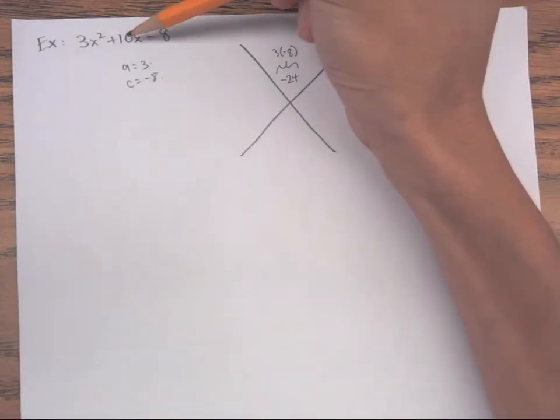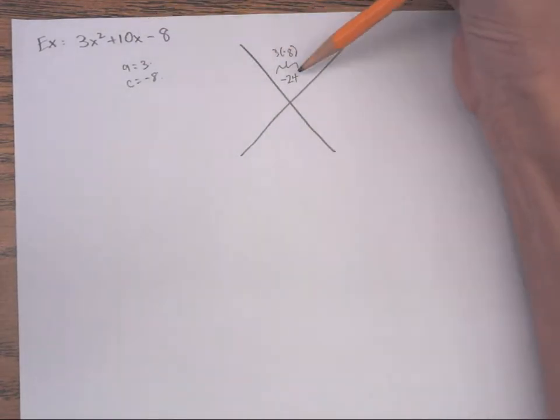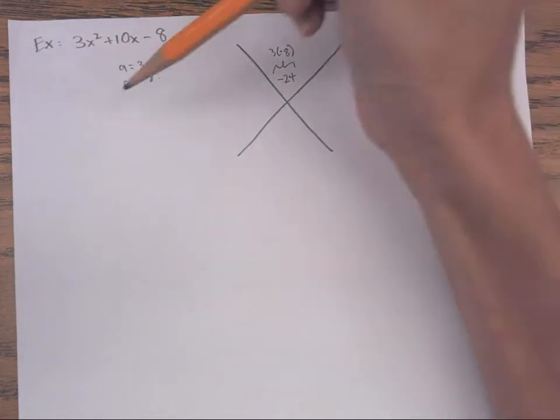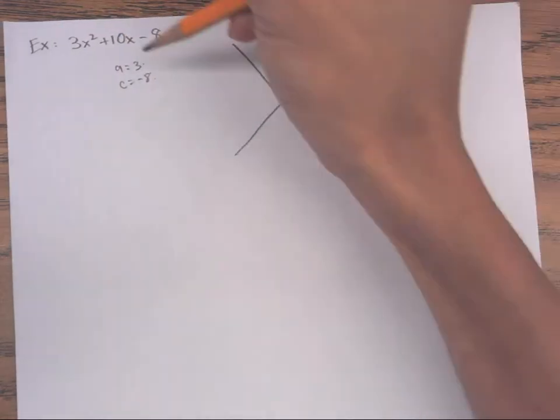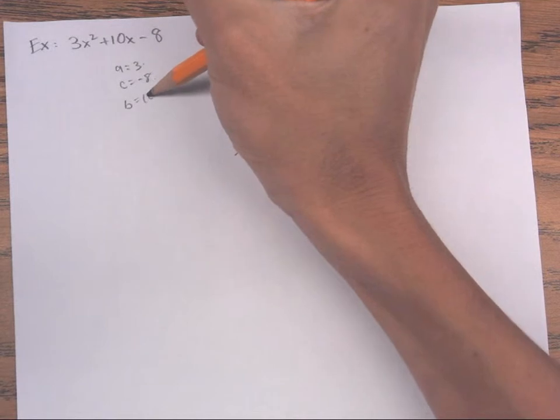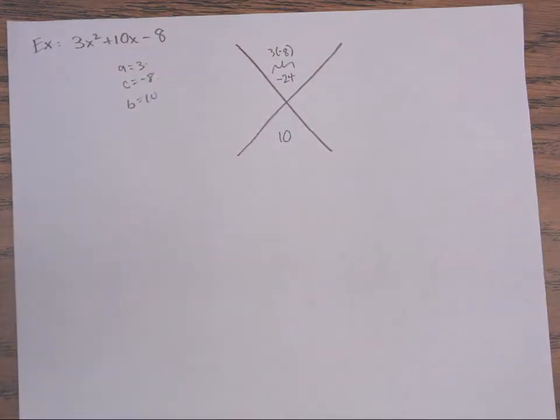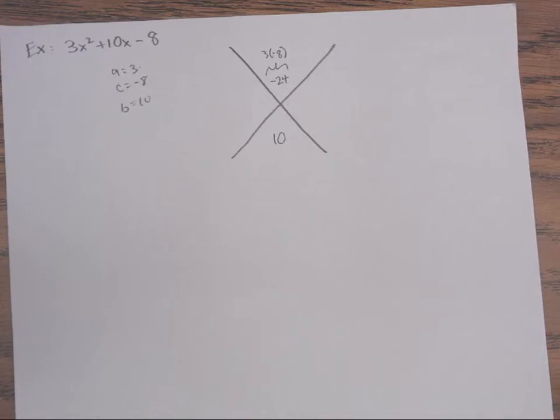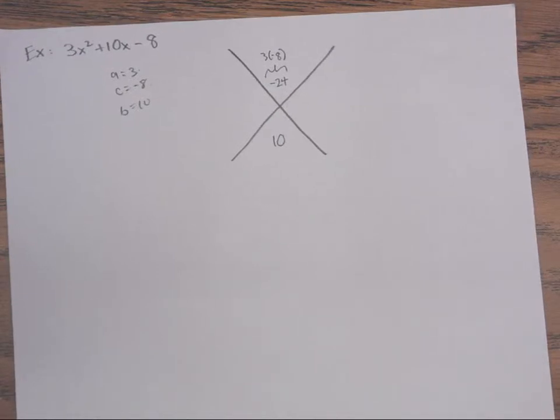Then you want to find two numbers that multiply to -24 and add to +10. So my B term is 10, so 10 goes on the bottom. The next step is to list all your factors of -24.